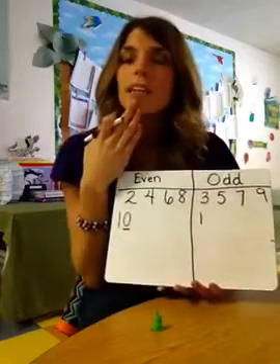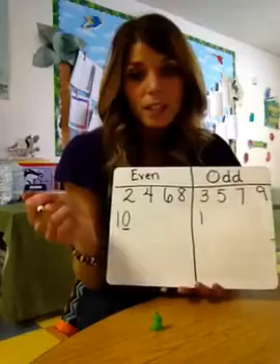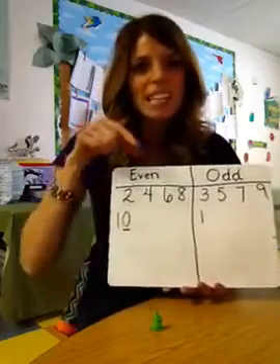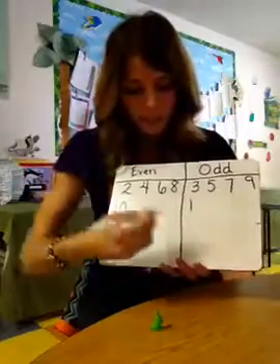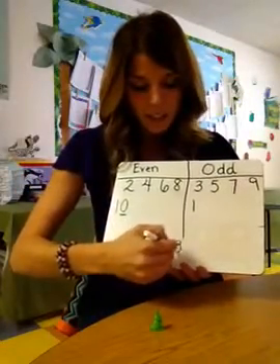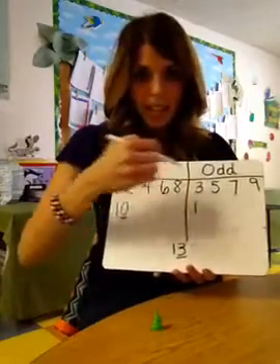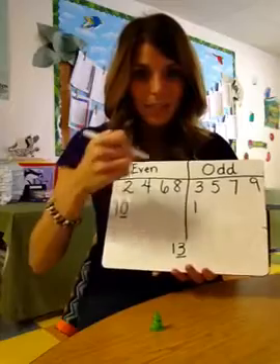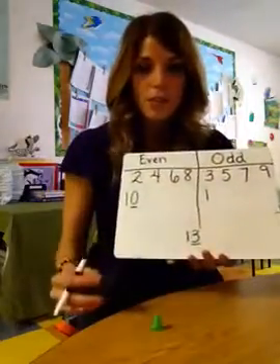Let me give you the number 13. Before I set out 13 friends, I want you to think, is it going to be an even number or an odd number? Well, here's the number 13. It ends with a 3, so see what side. Do you think it's going to be an even or odd number? Well, I can pull out 13 friends and buddy them up, so let's do that.